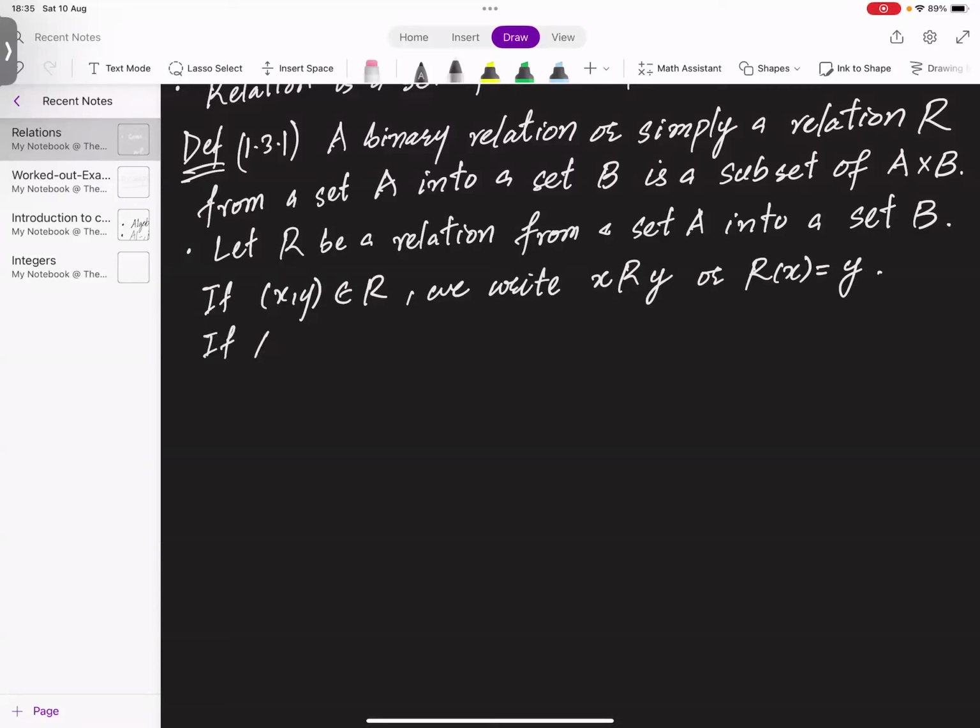If A is B, then we speak of a binary relation on A.